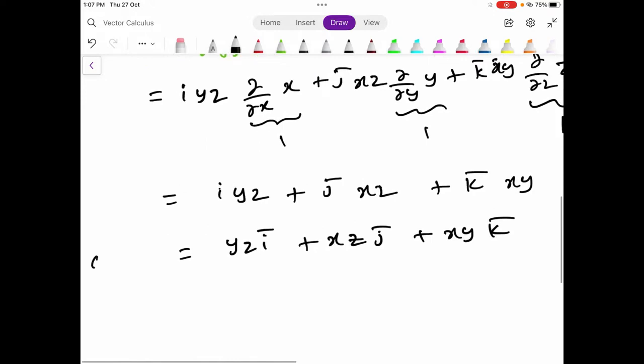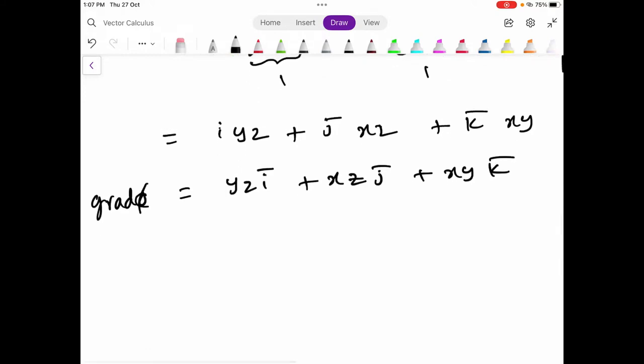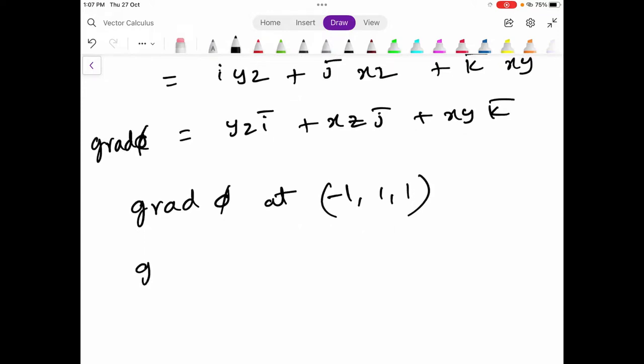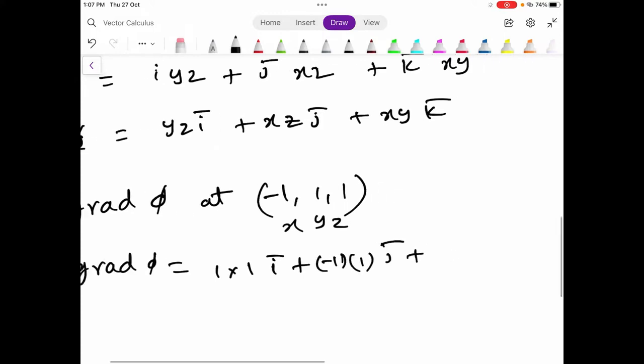Now what we got is the gradient of phi. Now I want the gradient of phi at the point minus 1, 1, 1. We substitute these values. The gradient of phi at this point equals yz, which is 1 into 1 into i bar, plus xz, which is minus 1 into 1 into j bar, plus xy, which is minus 1 into 1 into k bar.